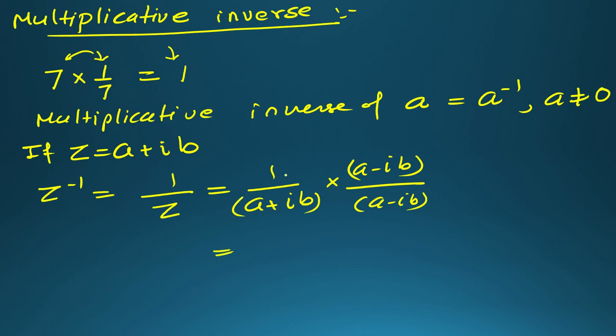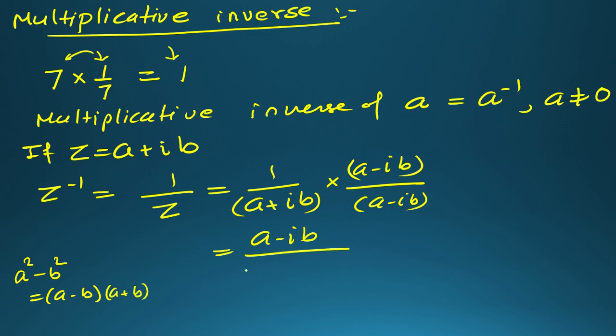Numerator is 1 times A minus iB, which is A minus iB, over denominator A plus iB times A minus iB. Don't you think it is in the form of an identity? What is that identity? A square minus B square is equal to A minus B times A plus B. So it will be equal to A square minus i square B square.